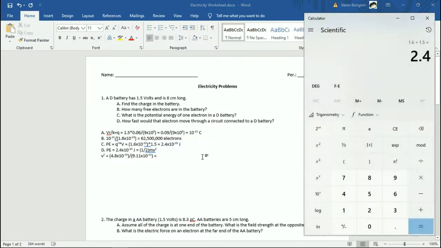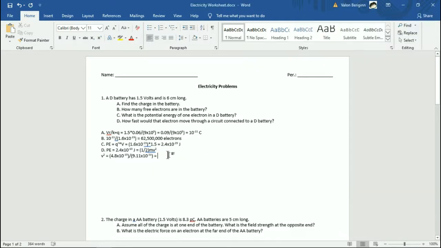So what is that going to equal? We have 4.8 divided by 9.11, which is 0.527, so 0.527 times 10 to the negative 19 minus negative 31. So that is 10 to the 12, right?